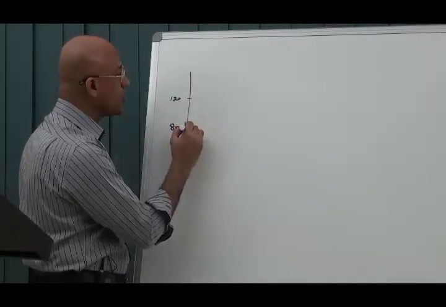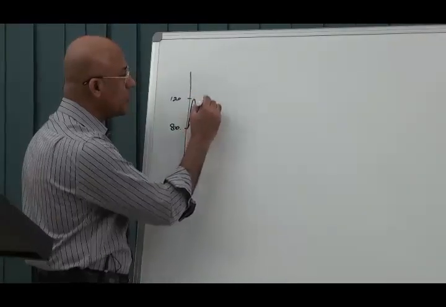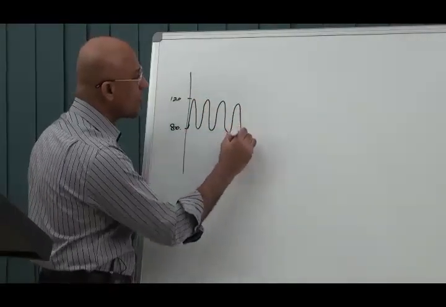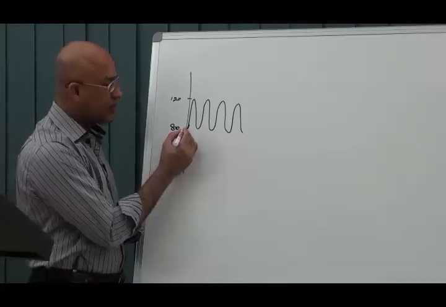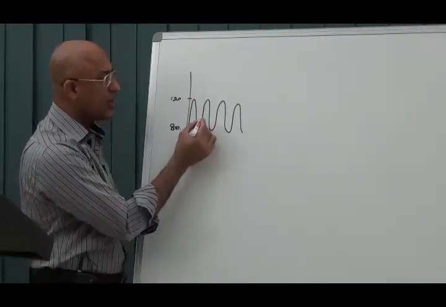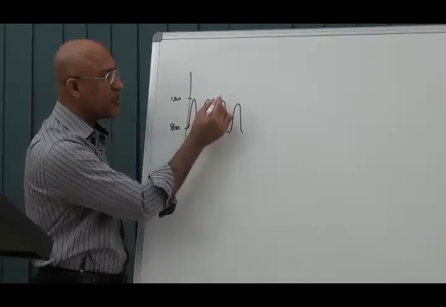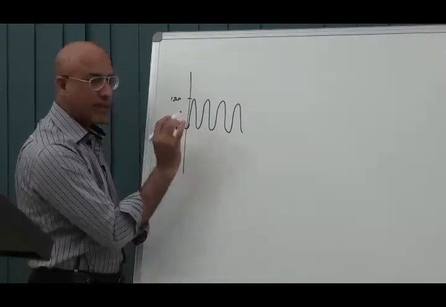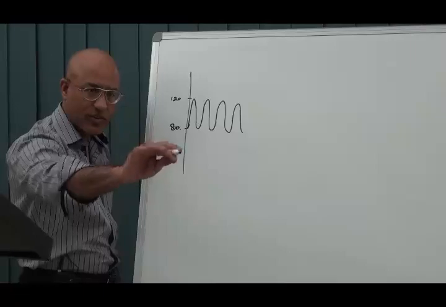It goes from 80 to 120. This is systolic, then diastolic, then systolic, then diastolic, right? Everyone understands it very clearly.